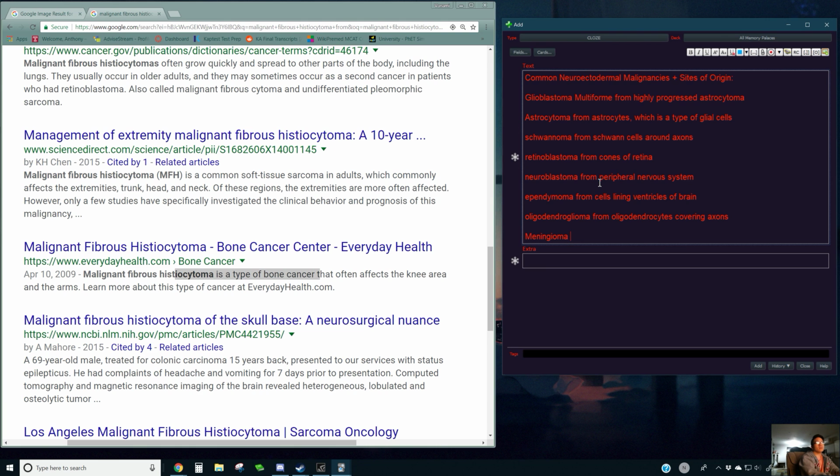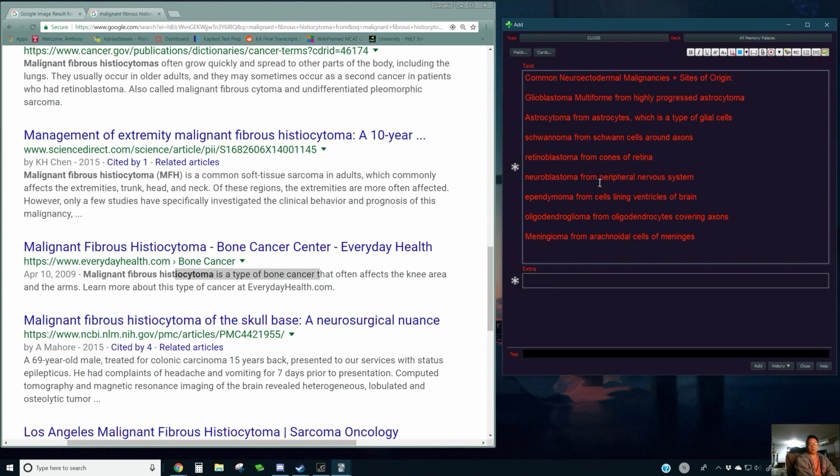Meningioma. From meninges. Well, arachnoidal cells of... next we have, the last one should be, what's the last one?